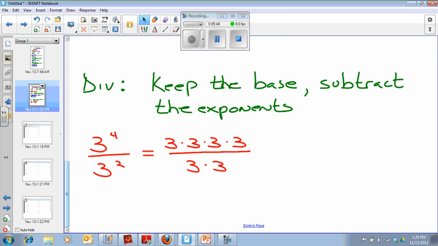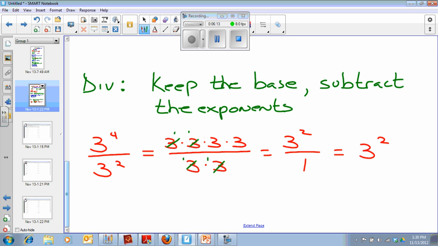Students should know that if they have numbers both in the numerator and denominator, they can cancel them. So 3 goes into 3 once, 3 goes into 3 once, 3 goes into 3 once, 3 goes into 3 once. And so what do I have at the top? Well, I have 3 squared, because I got 2 of them left, over 1, and anything over 1 is just the numerator, so 3 squared over 1 just becomes 3 squared.